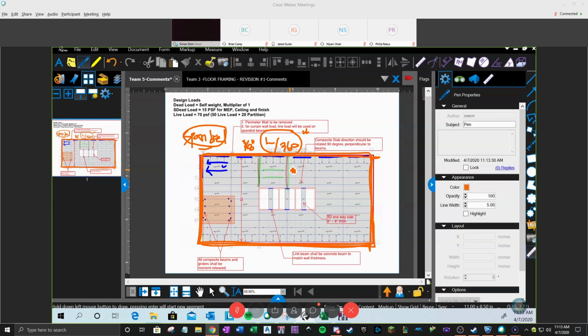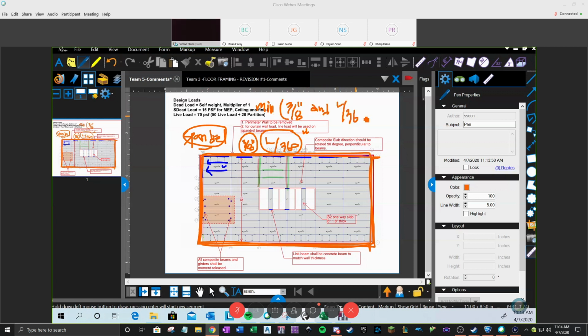These spandrel beams have another, much more restrictive criteria. Typically we try to take the smaller, or the minimum, of 3/8 inch and L over 360, right?